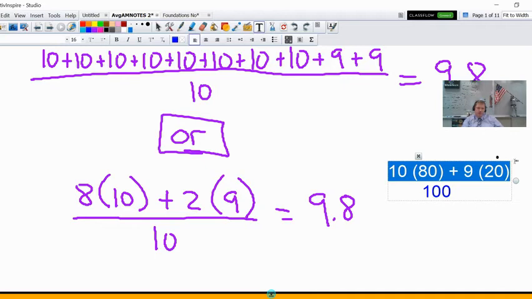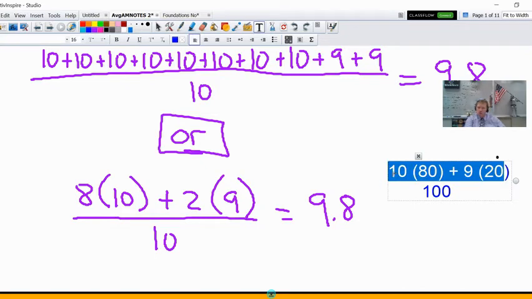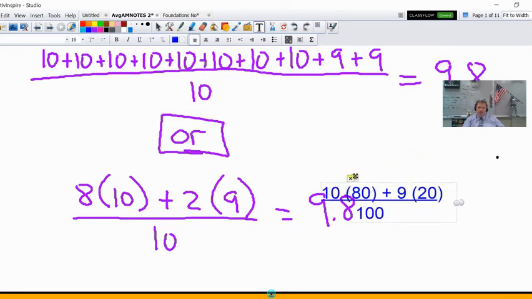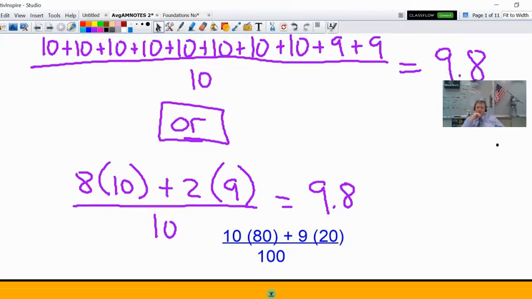And that's closer to what we're going to be doing. Oops, a mistake. Again, there we go. So this is the same math. We're still going to get the same answer, 9.8. We're often going to use percentages in our examples.